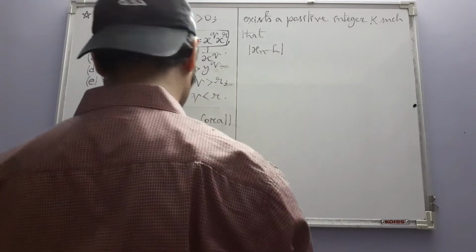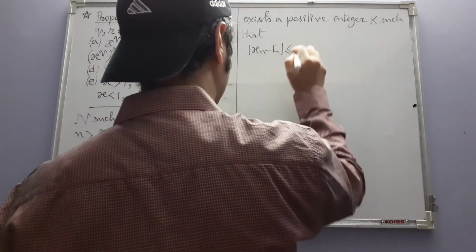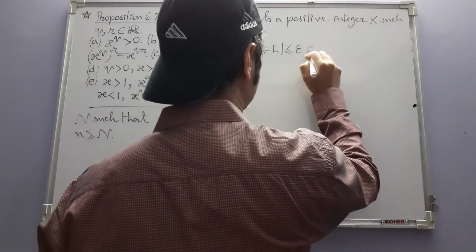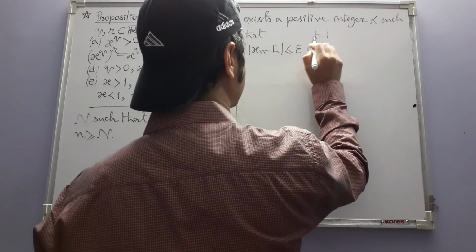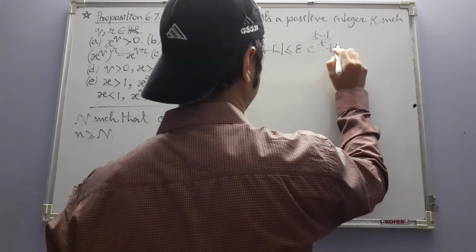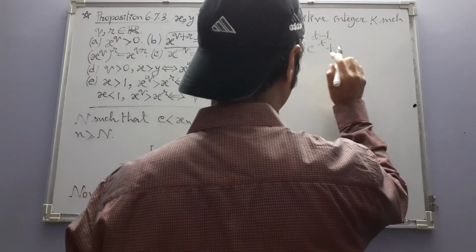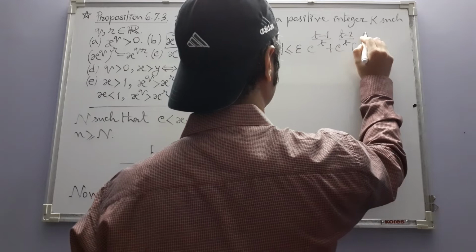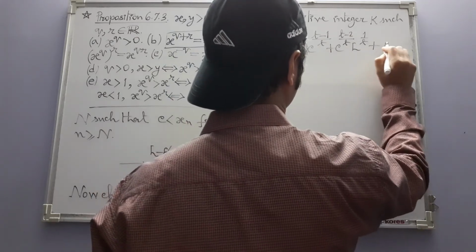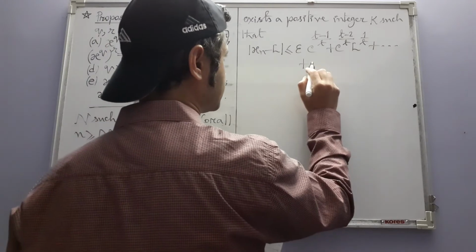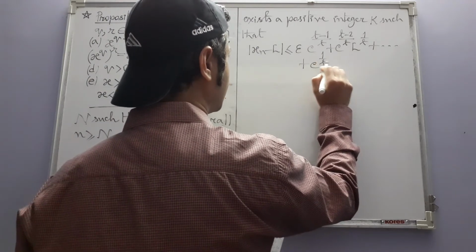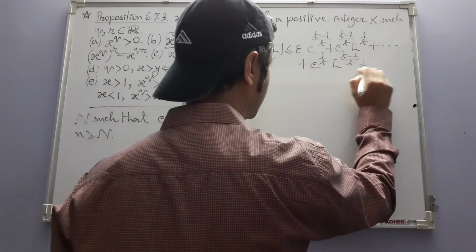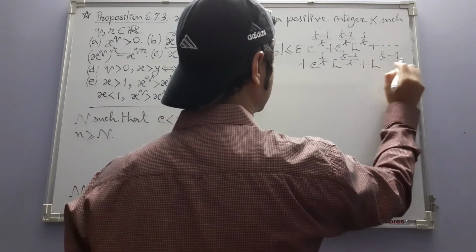The distance between xn and L is less than or equal to epsilon times c to the power t minus 1 divided by t plus L times c to the power t minus 2 divided by t times L to the power 1 over t plus etc. plus c to the power 1 over t times L to the power t minus 2 divided by t plus L to the power t minus 1 divided by t.